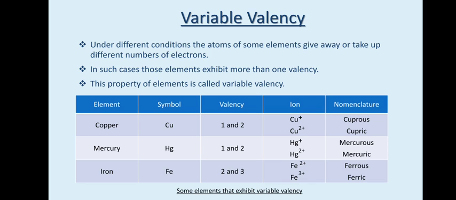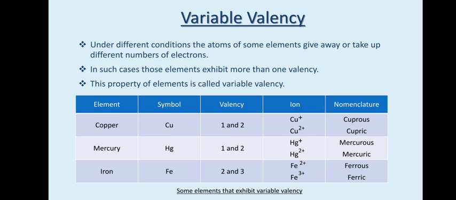Sometimes they will give up 1 electron, sometimes they might give up 2 electrons. In such cases, those elements exhibit more than one valency. So they show either 1 as valency or 2 as valency. We will see this in different metal ions. This property of elements is called variable valency.